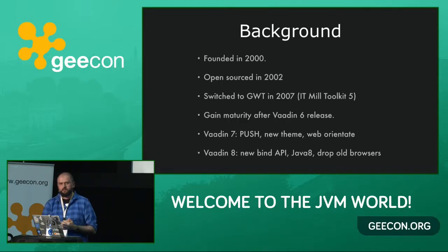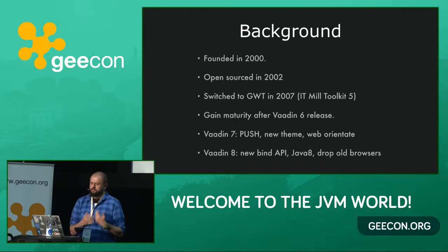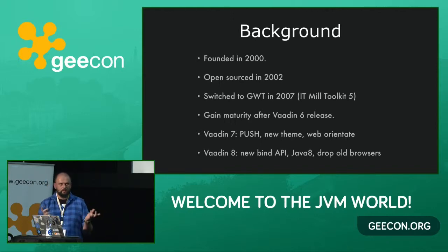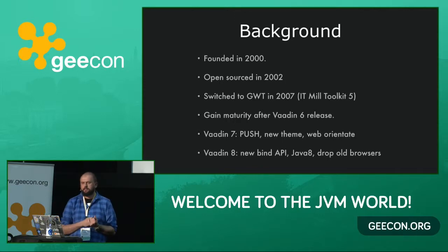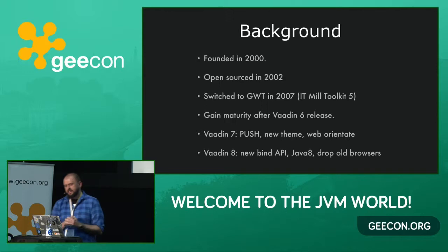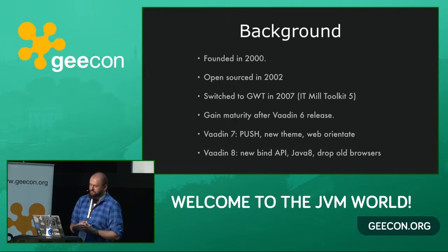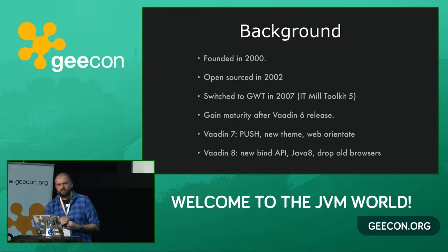In previous versions of Vaadin, I had only one page per session, and with version 7 this changed, and Vaadin introduced the concept of an object called UI, so you can have multiple browser tabs in one session. Nowadays it's a very obvious thing, but a few years ago it was not an easy task.